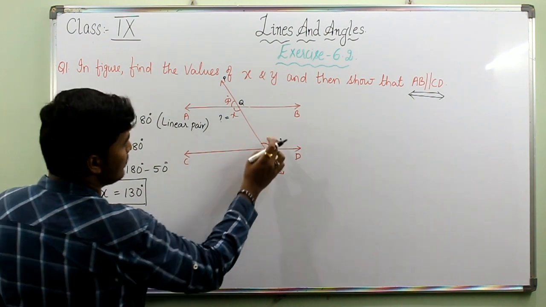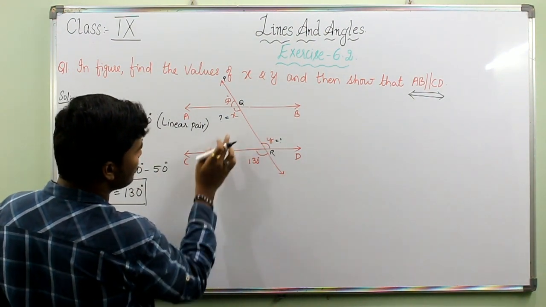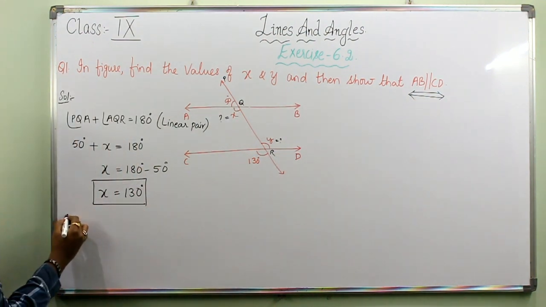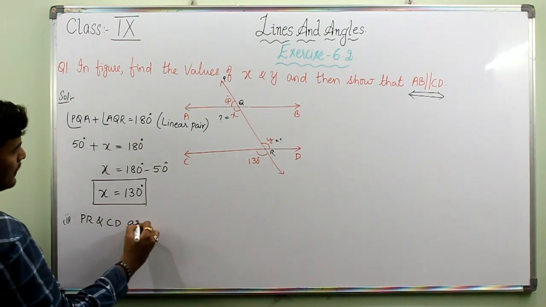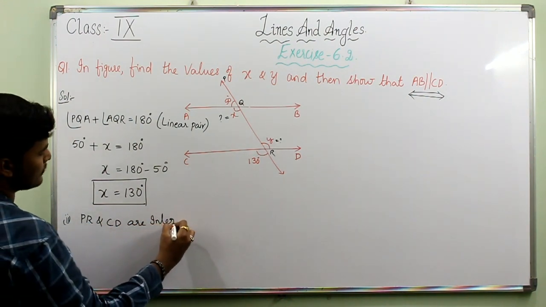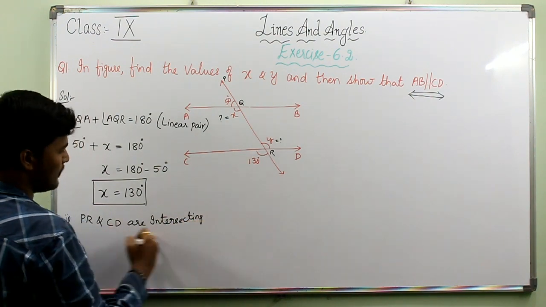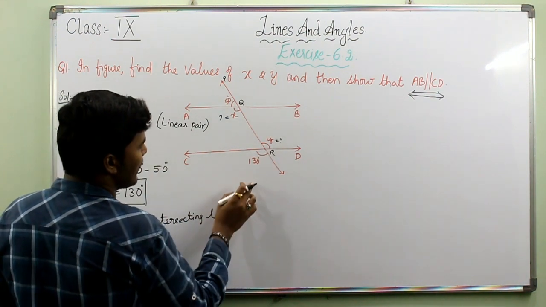Now here, PR and CD are intersecting lines. Intersecting lines form vertically opposite angles here.